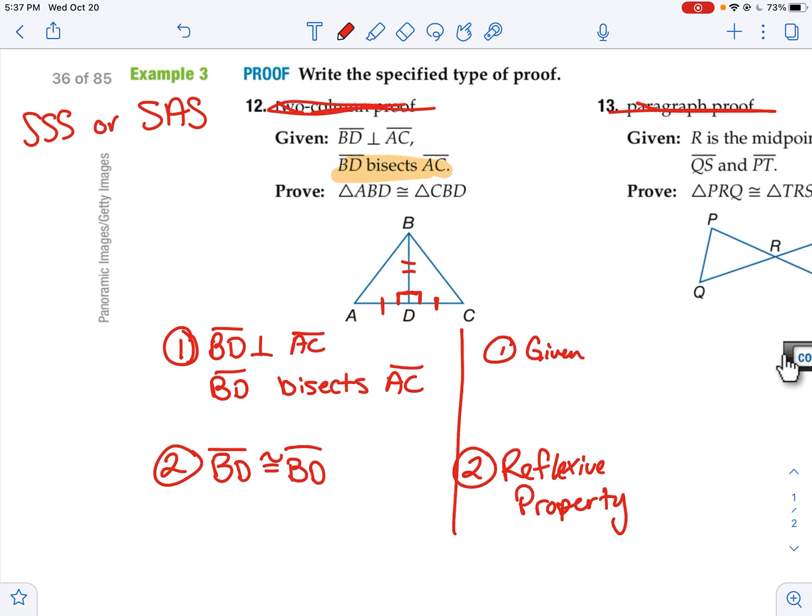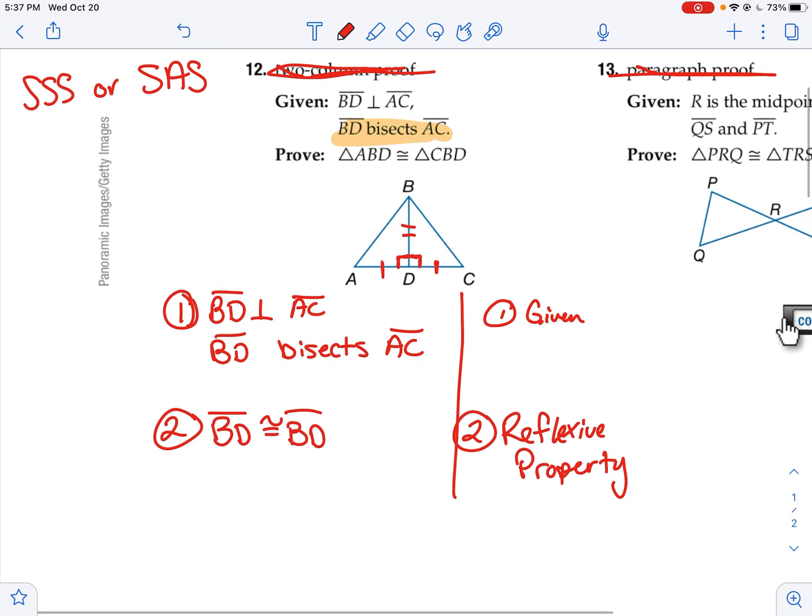And after every step, I would encourage you to check, do you have side, side, side, or side angle side? So I do not have side, side, side. But at least in the left triangle, I have side angle side. And on the right triangle, I have side angle side. So once you have everything you need, you can say that your triangles are congruent.